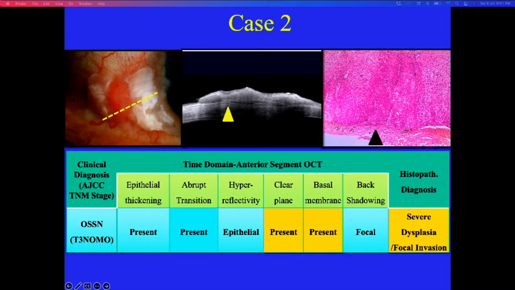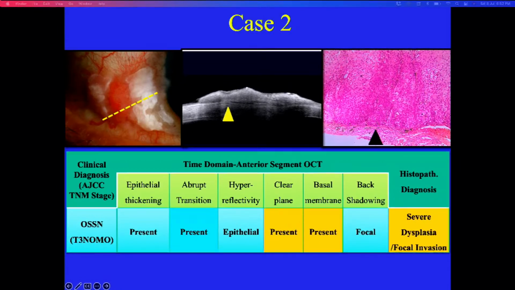So extrapolating to the clinic, how exactly does it help? We realized that if the lesion was not very large, not very elevated, and had characteristics like these, we could definitely think of first reducing with immunotherapy.